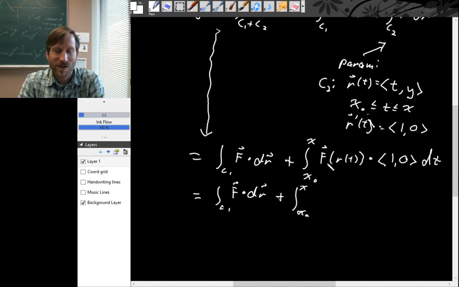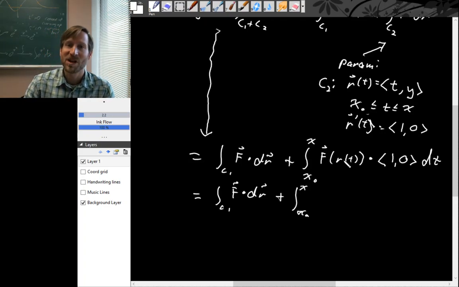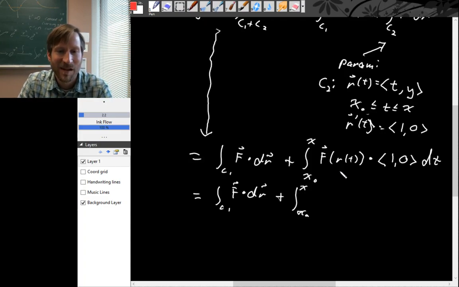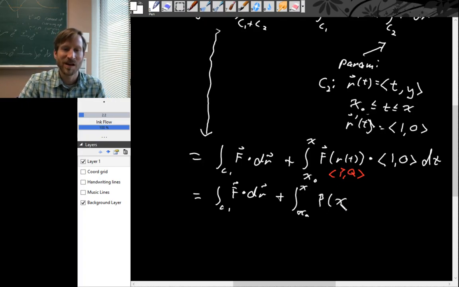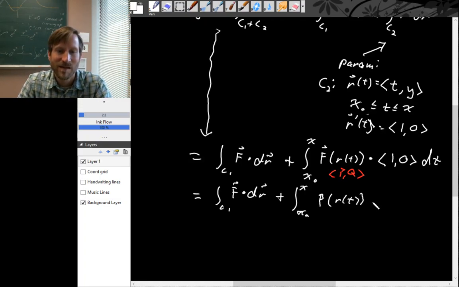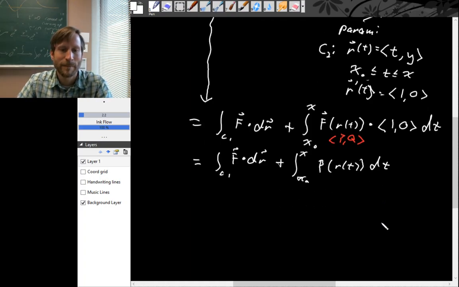Now this vector field capital F, remember that's just p comma q. And when you dot p comma q with 1, 0, that just selects the first coordinate. So this dot product is just p of r of t dt. All right.